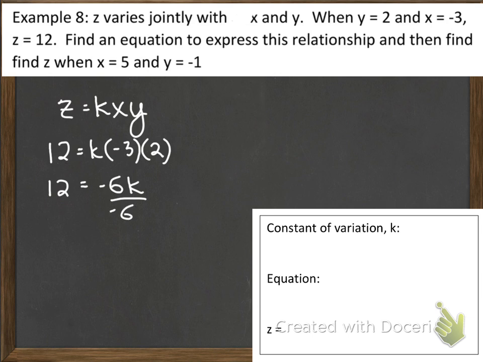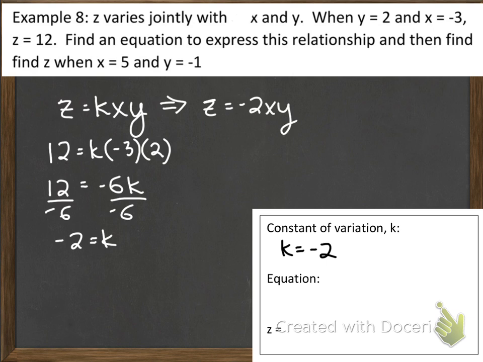So we just divide both sides by negative 6, and we find out that k is negative 2. Now we need to take this piece of information to write a more complete equation. So instead of saying z is equal to kxy, I'm going to say z is equal to negative 2xy. So that's my equation.